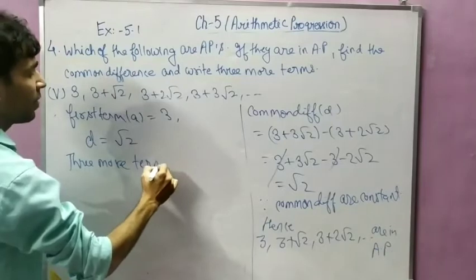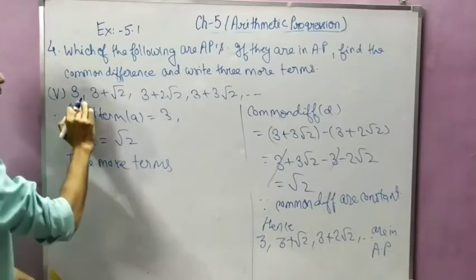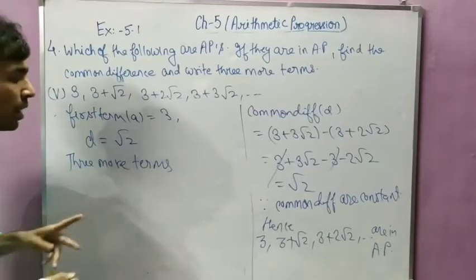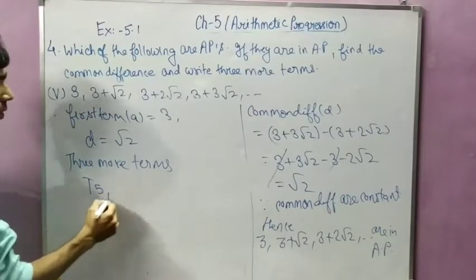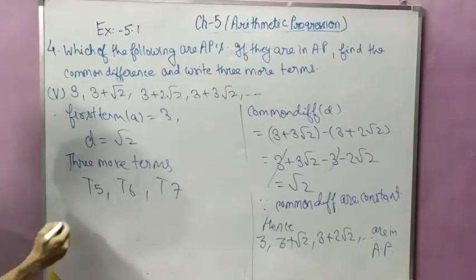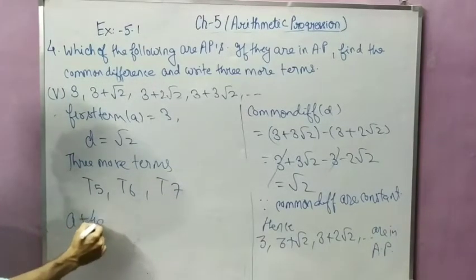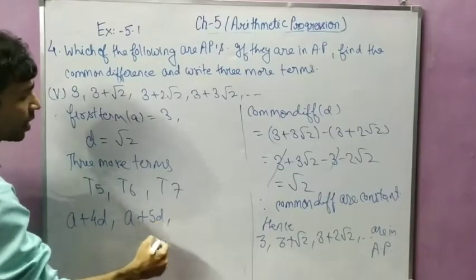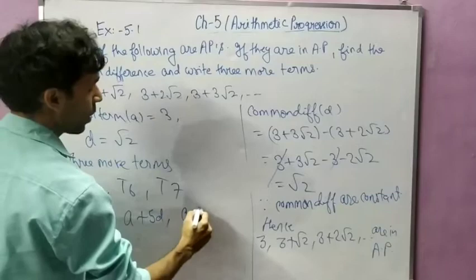How many terms are given in the question? 4 terms are given: first, second, third and fourth. So we have to find 3 more terms, that is T5, T6 and T7. Now T5 is A plus 4D, T6 is A plus 5D, and T7 is A plus 6D.